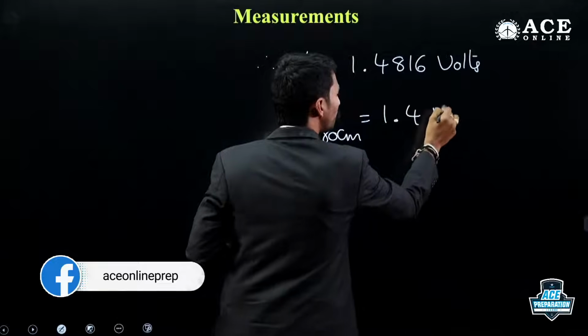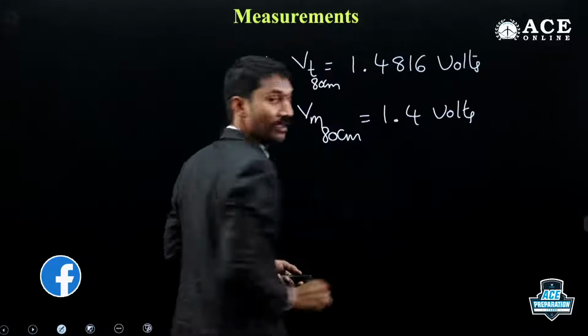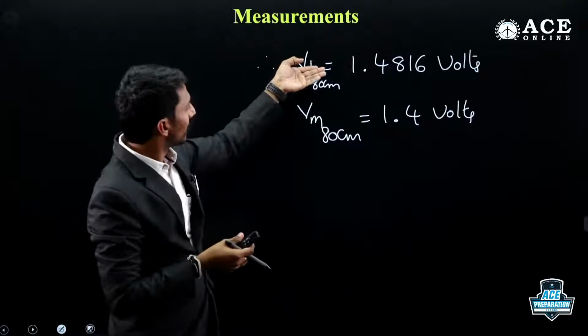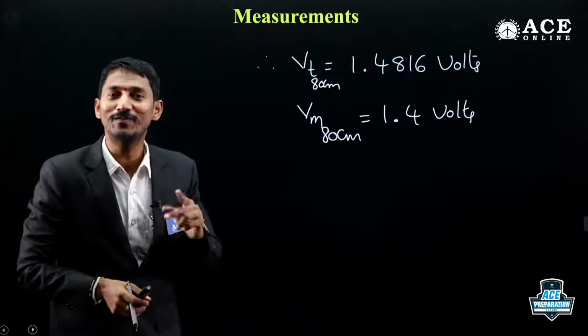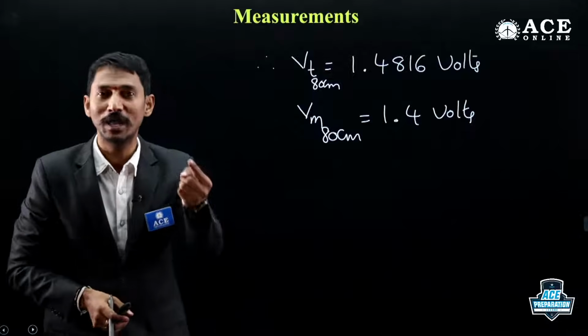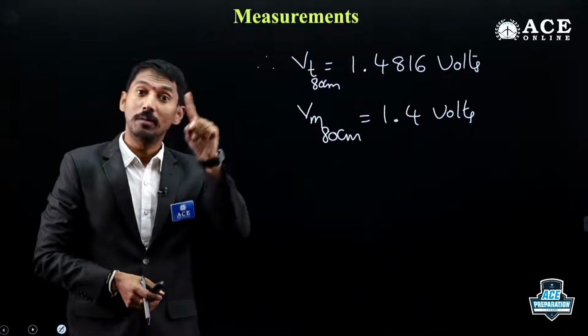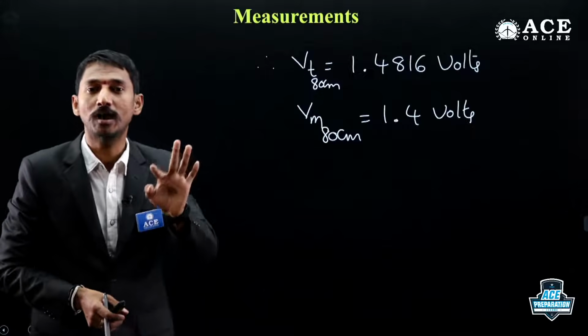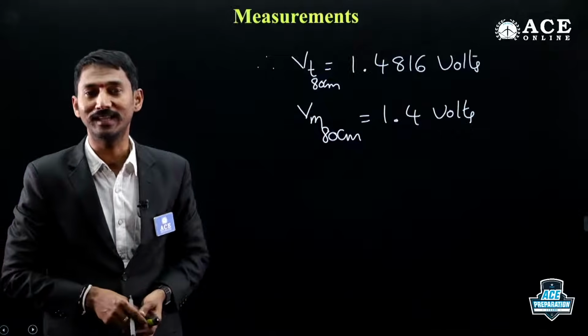Just 1.4 volts. I am very specific about this, people are reversing this terminology. If you reverse this terminology, you are going to get minus instead of plus, plus instead of minus. But in our error analysis, as I told you, error can be either negative or positive. So be careful regarding that.